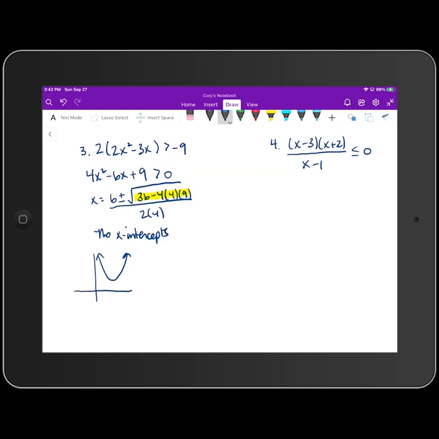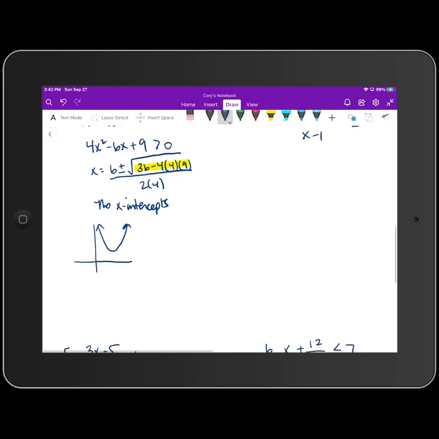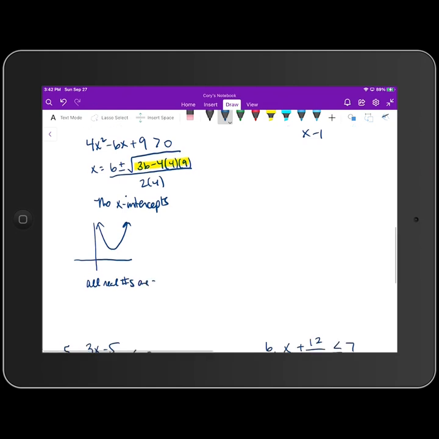So if we're trying to calculate where that quadratic function 4x squared minus 6x plus 9 is greater than 0, that's going to happen everywhere because that graph always lies above the x-axis. So all real numbers are solutions. And we can write that in interval notation as the interval from negative infinity to infinity.